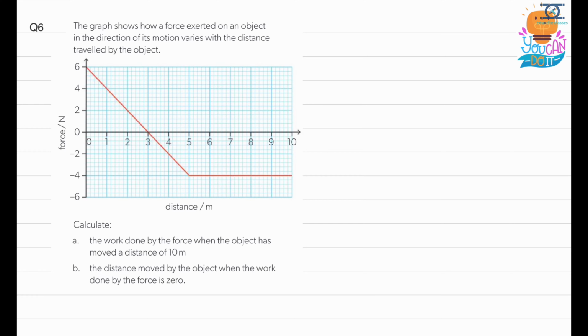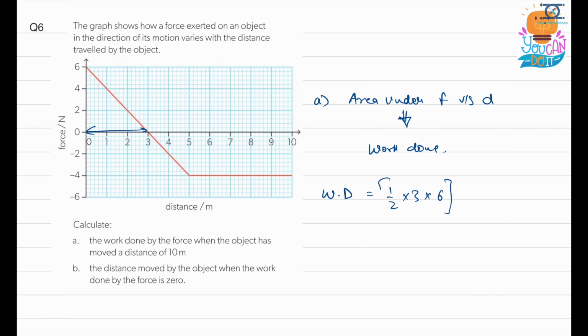We know that the area under F versus D gives us the work done. Therefore, the work done over the distance of 10 meters will be the positive area, half times base 3 times height 6, then the negative area.